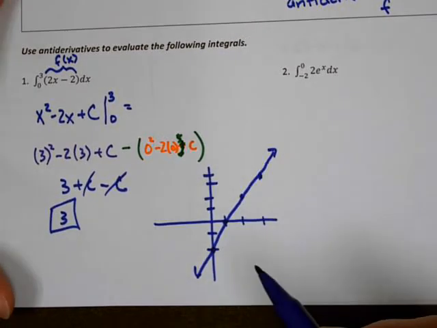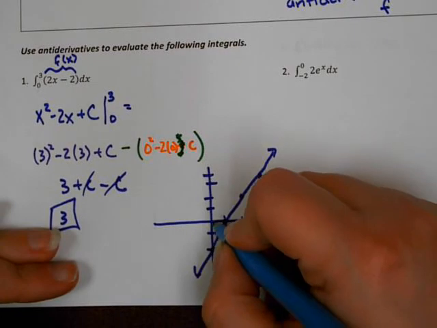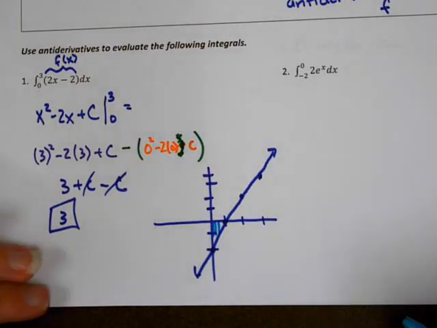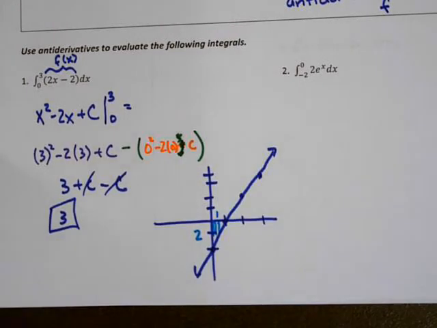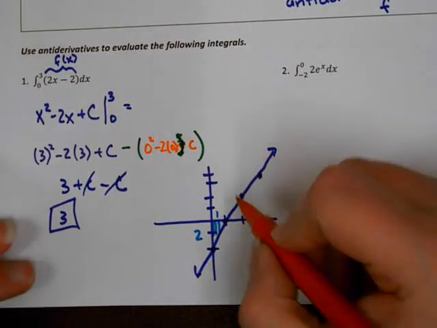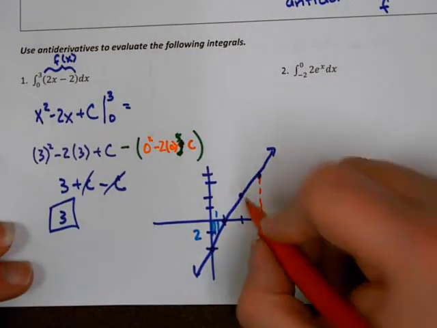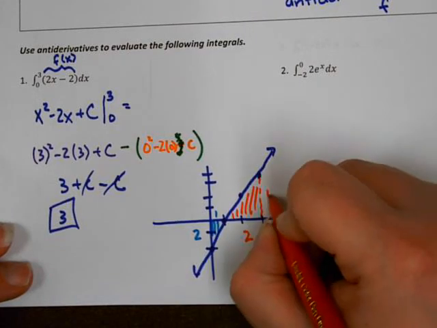and we want to find the integral from 0 to 3, which means we want this piece here, which is underneath the x-axis. So that's a height of 2 and a base of 1. And then from 1 to 3, we have this area here. So this is a base of 2 and a height of 4.